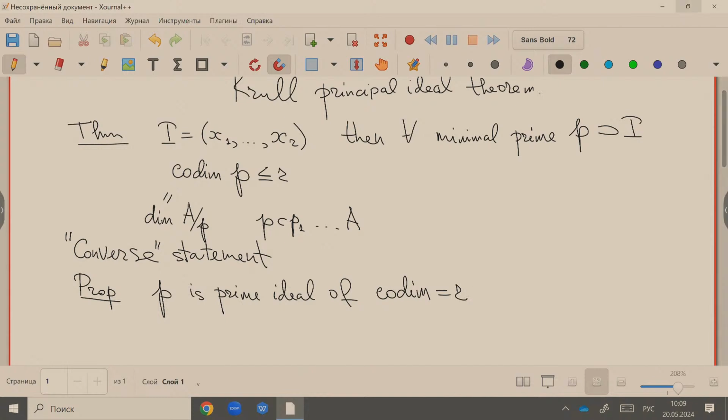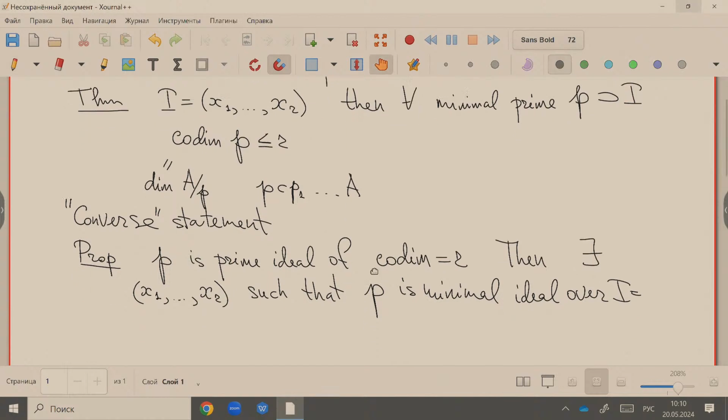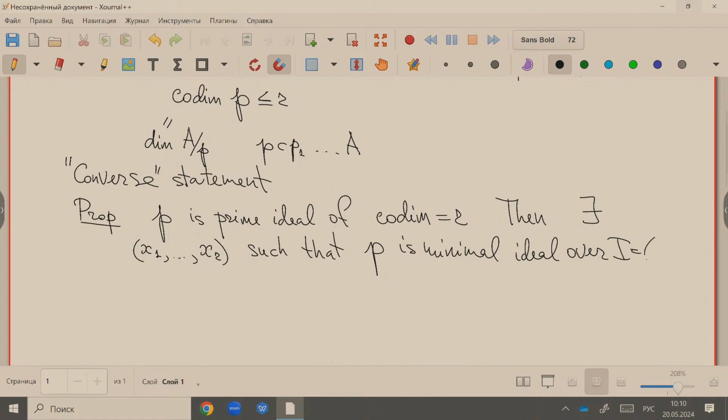Then I claim there exists a system of parameters, a collection of elements x1, ..., xr, such that P is a minimal ideal over I, the ideal generated by these elements x1, ..., xr.